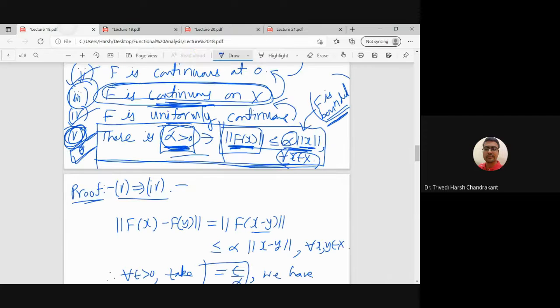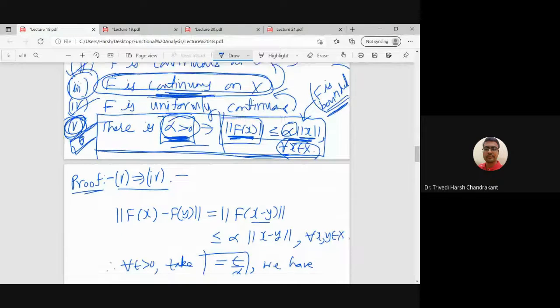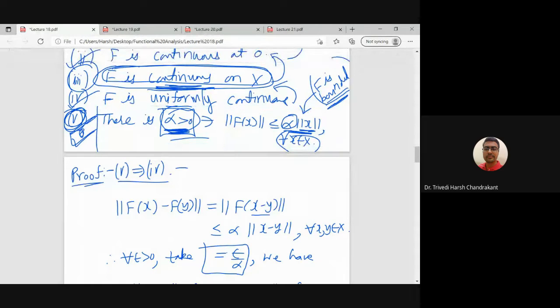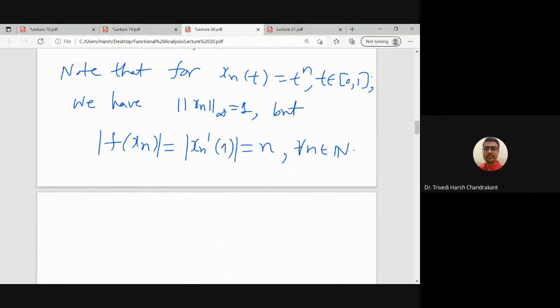So this condition again fails because f(xn) is n. Again we are getting n, and that should be less than or equal to alpha times norm of xn, and norm of xn is 1. So that means n is less than or equal to alpha. That is not possible for every natural number n.